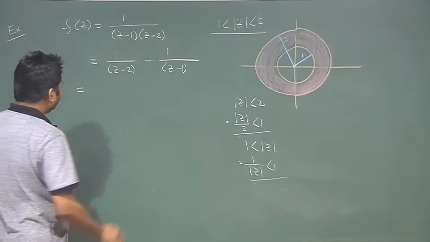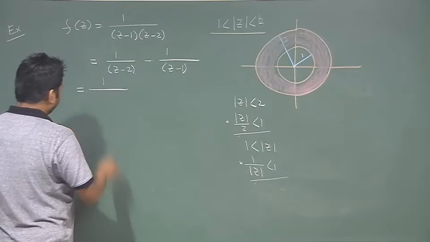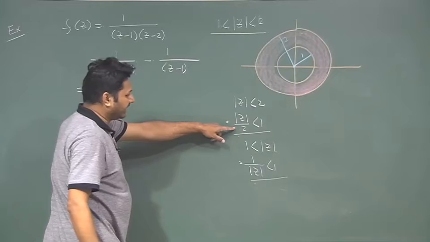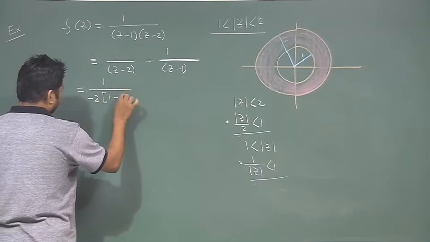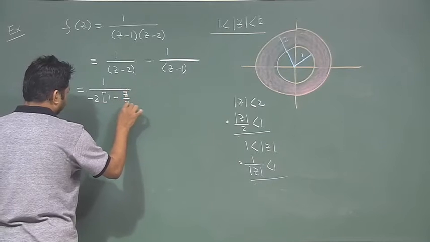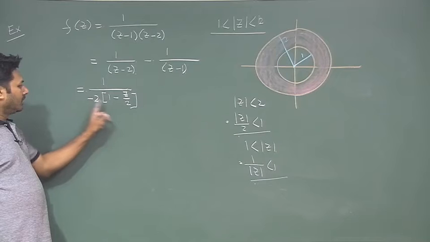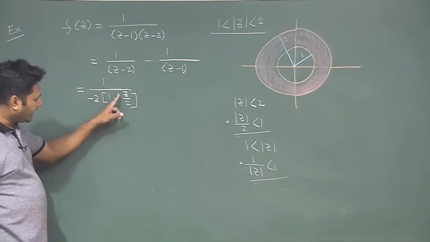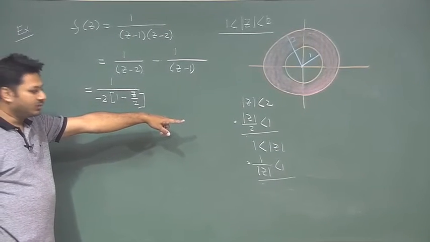So, now if I do that, it will be 1 divided by minus 2, taking a minus common out, because I need to make z divided by 2. So, I will have 1 minus z by 2. I just divide in this way so that I can have the term z by 2, because my condition suggests z by 2 is less than 1.